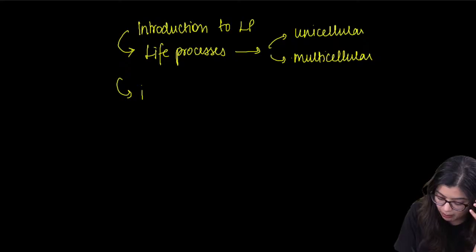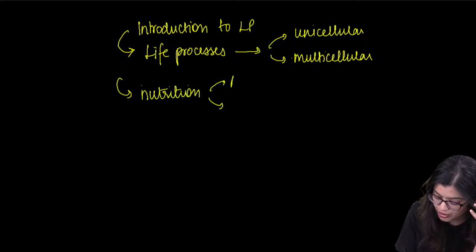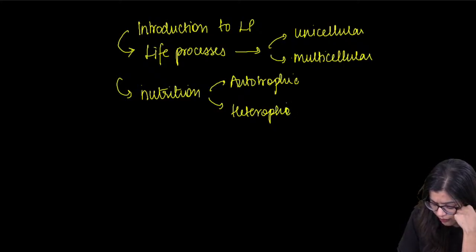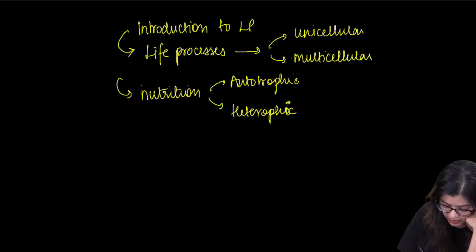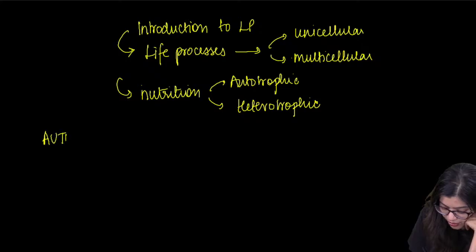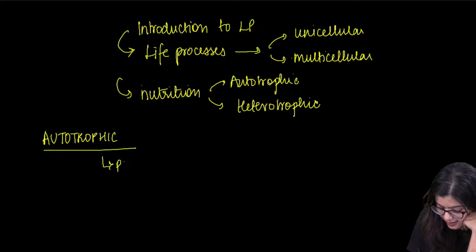Then we learned about the importance of nutrition and how there are different modes of nutrition, where we have autotrophic mode, and then we learned about heterotrophic mode. Then under autotrophic, we explored more about the idea of photosynthesis.